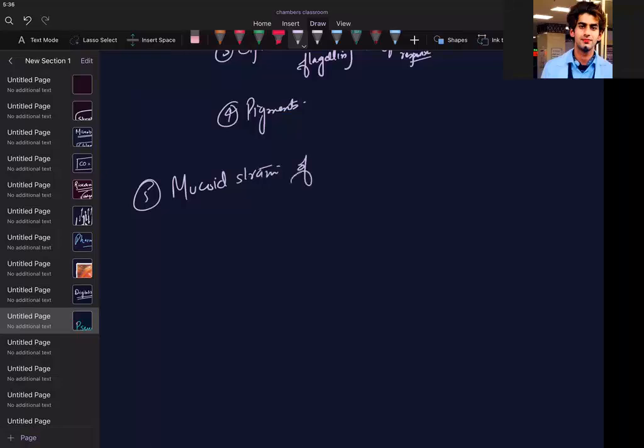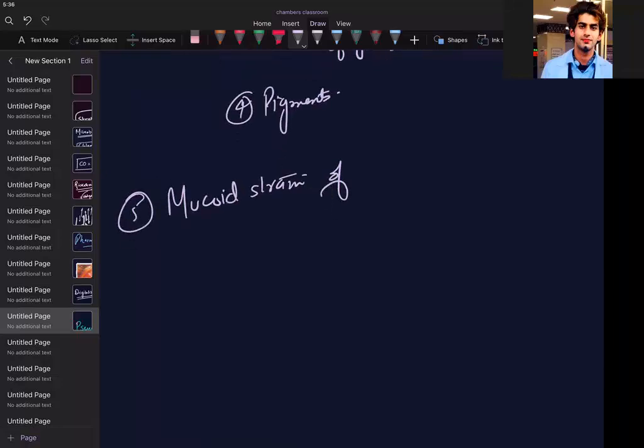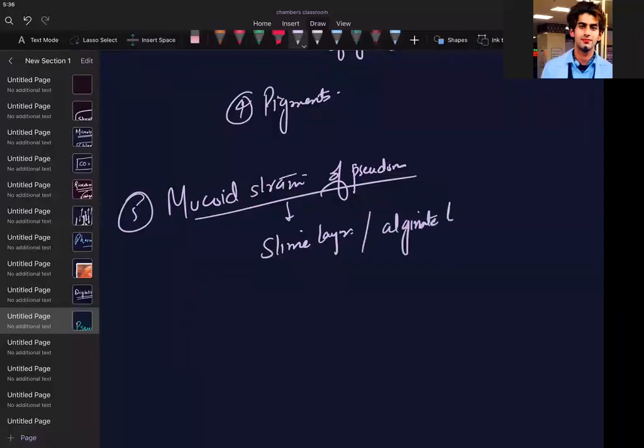They will produce a slime layer. This is also called the alginate layer. What will it cause? Biofilm formation. I have taught you this in the basics of microbiology.